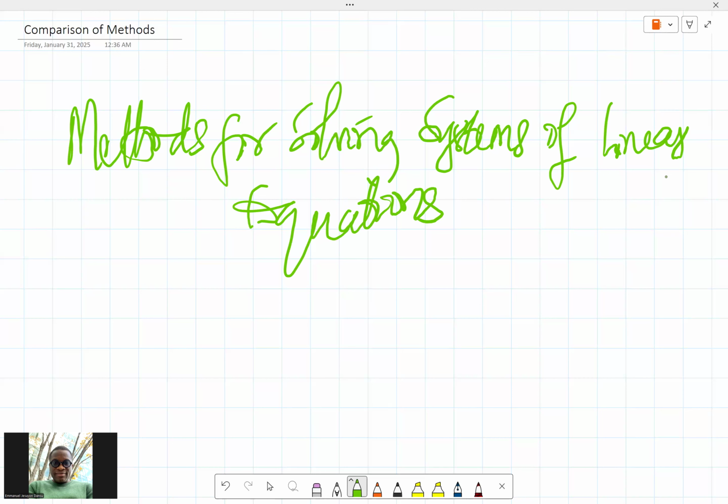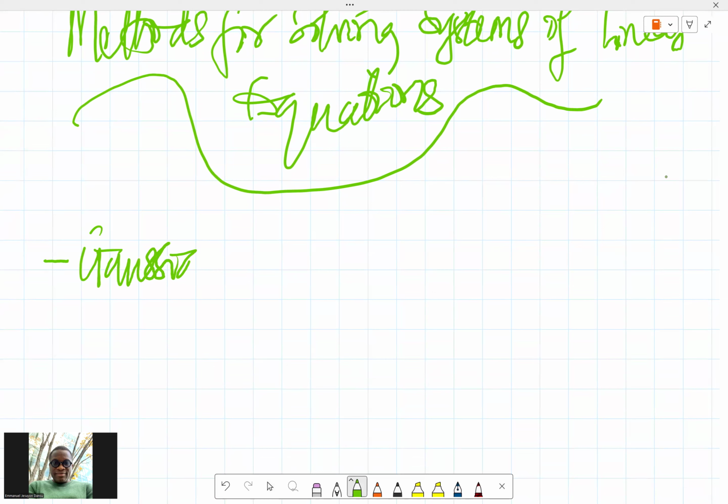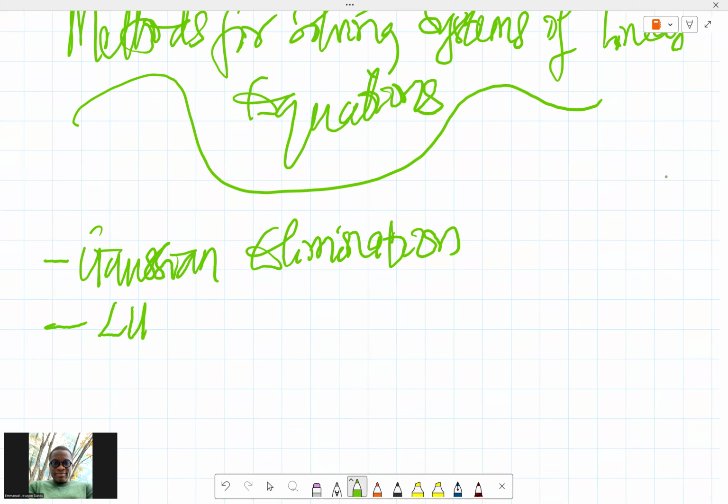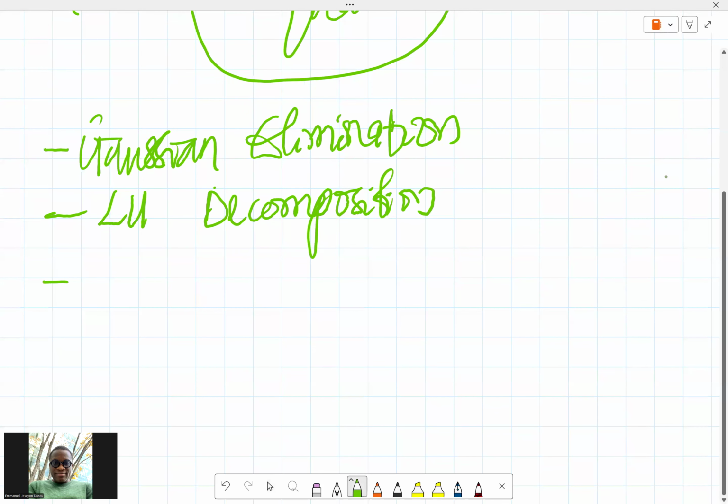Now, in the past videos, I've gone through all six methods, namely the Gaussian elimination method. Then I've done LU decomposition, because the coefficient matrix is factorized into the product of lower and upper triangular matrices.